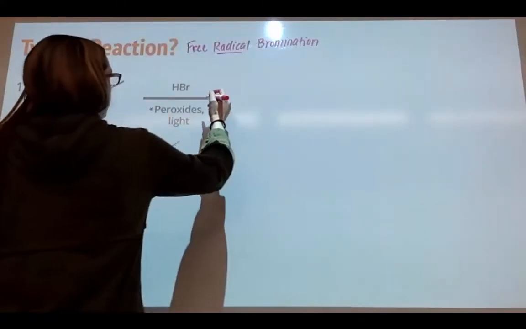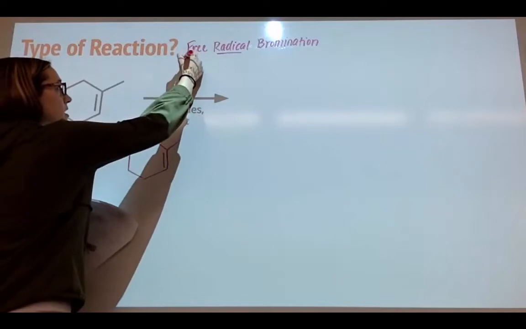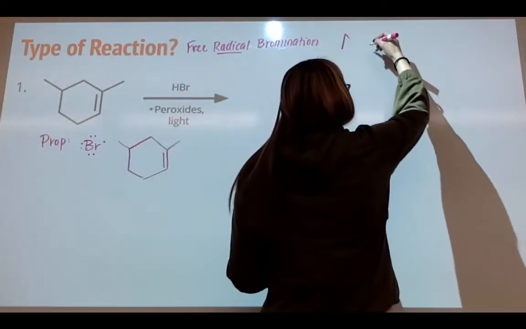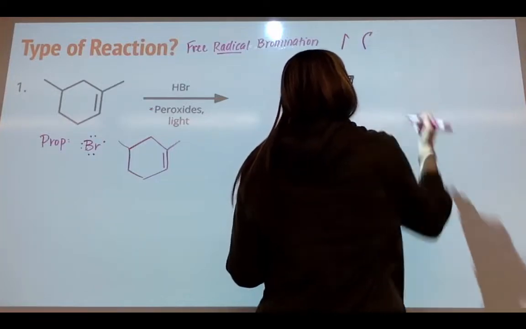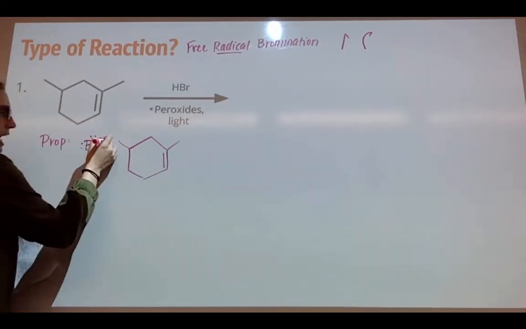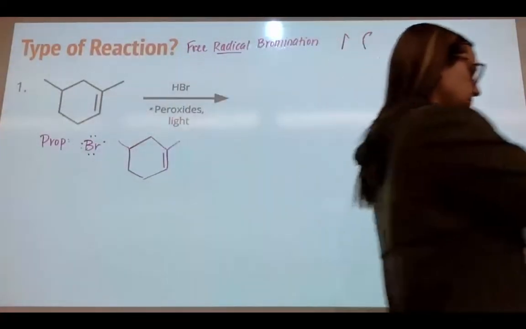Now, these free radical bromination mechanisms, this is where we're using the half arrow. If you're curving it, it's a half arrow. It represents a single electron. I know it looks weird, but it just shows you it's a single electron and not 2 electrons. And so what's going to happen, let me change colors here.